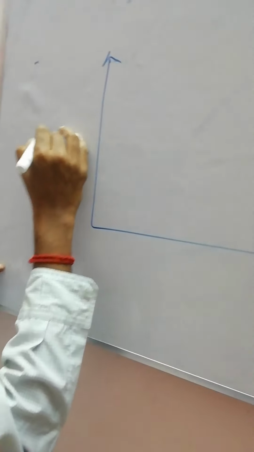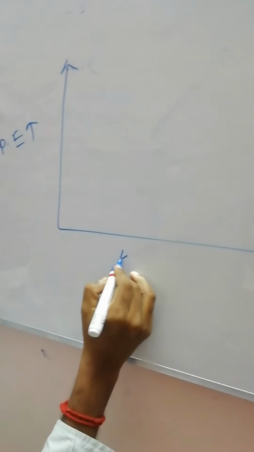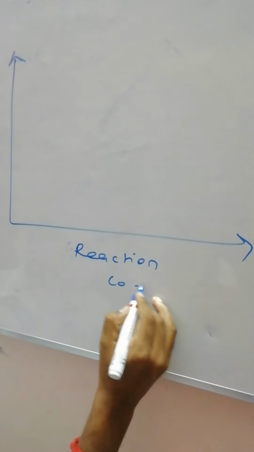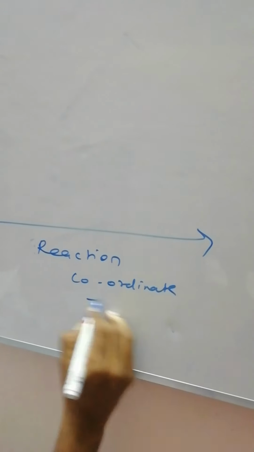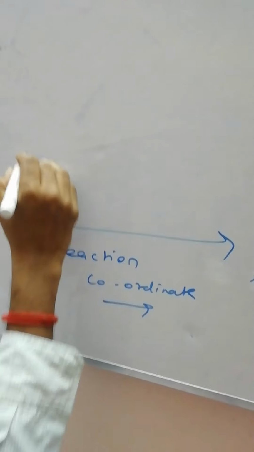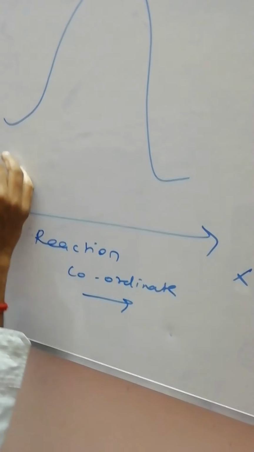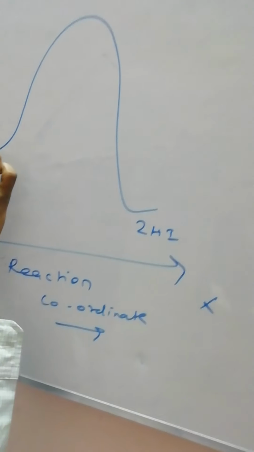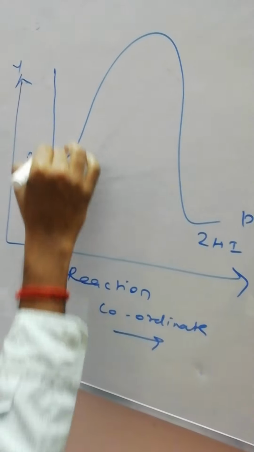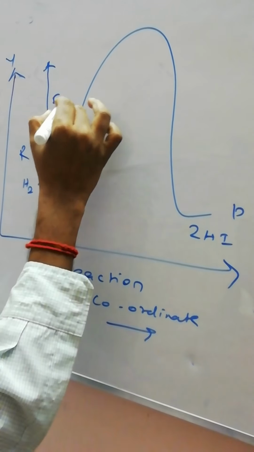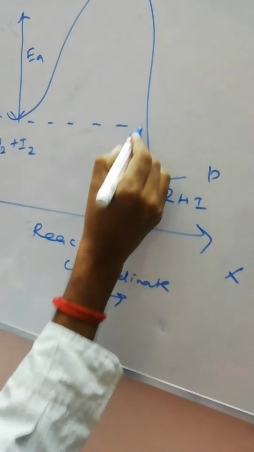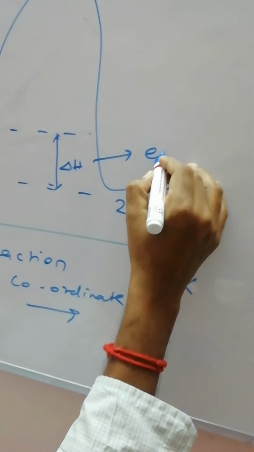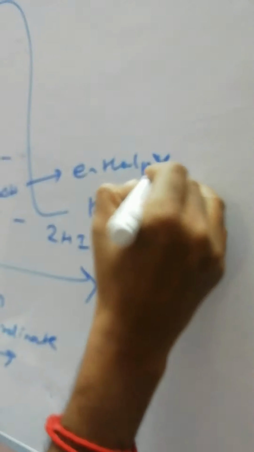This is potential energy on the y-axis versus the reaction coordinate on the x-axis. Suppose the reactant is H2 plus I2 giving 2 HI. This is reactant, this is product. From this to this is called Ea, and this is called delta H, the enthalpy change.